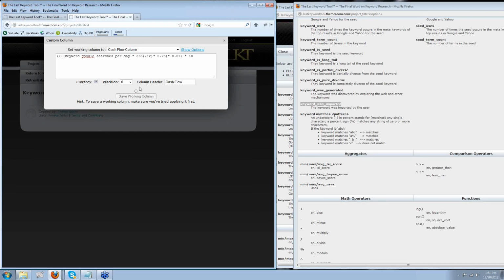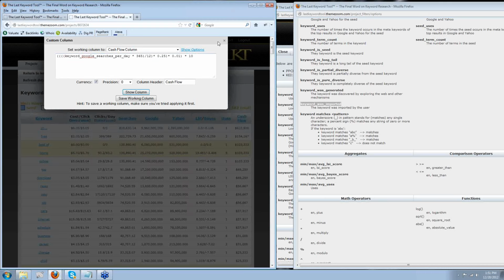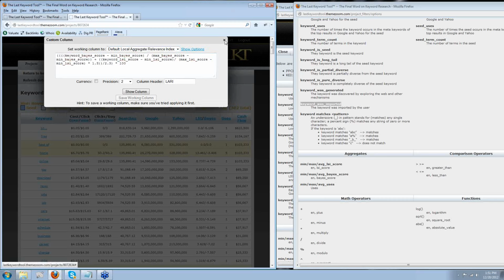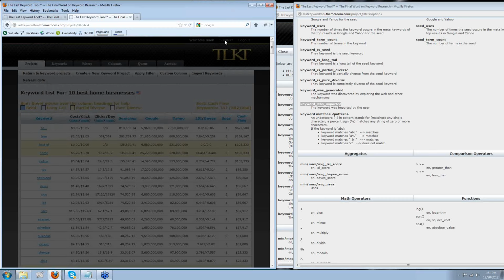And let's look now at articles, because we looked at silos before. So actually, let me grab Larry. If you don't save it, it doesn't actually change what's in your column.